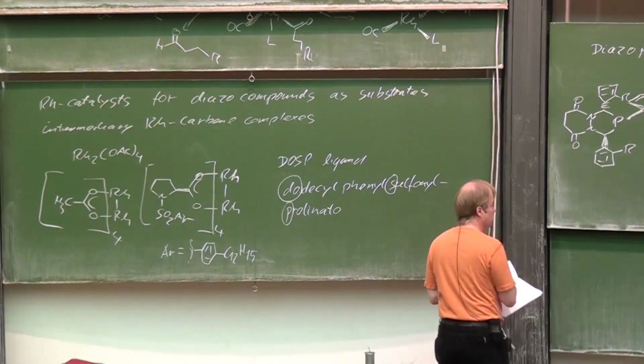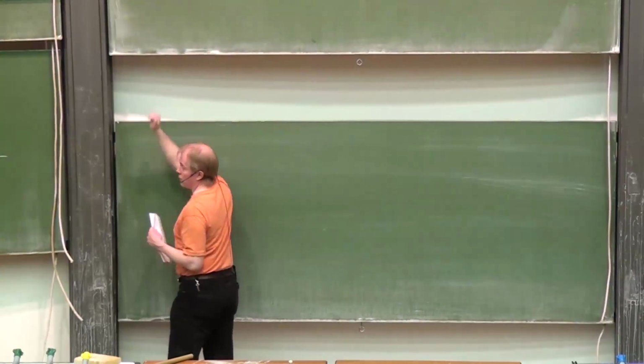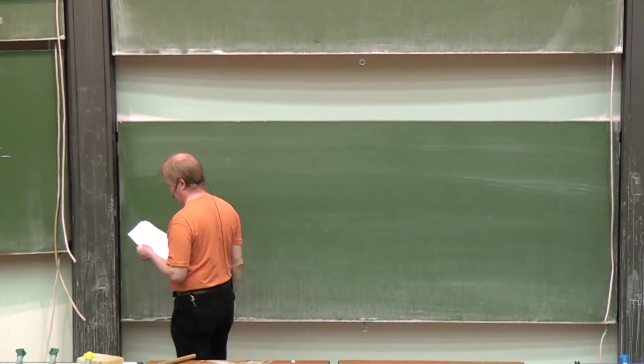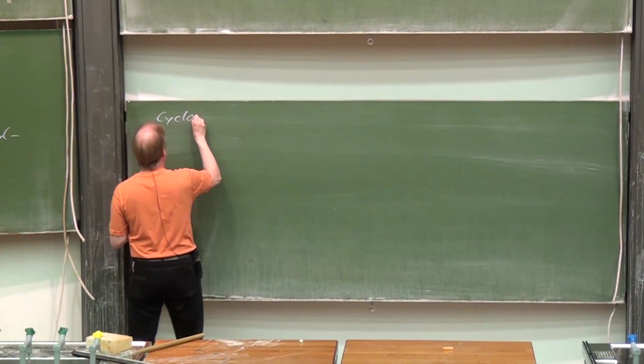So, what can you do with this type of rhodium complexes? Well, cyclopropanation reactions.